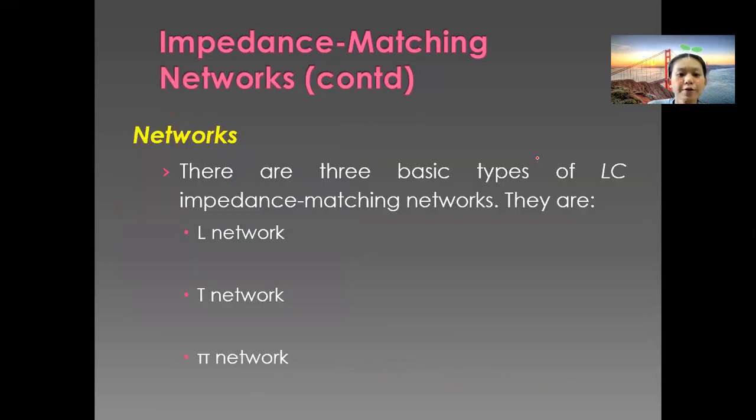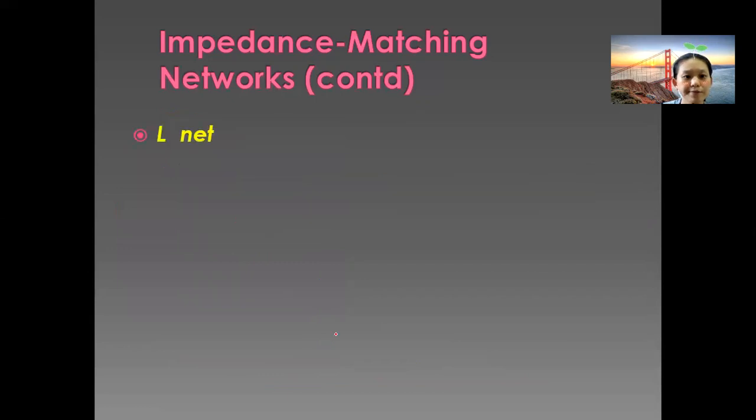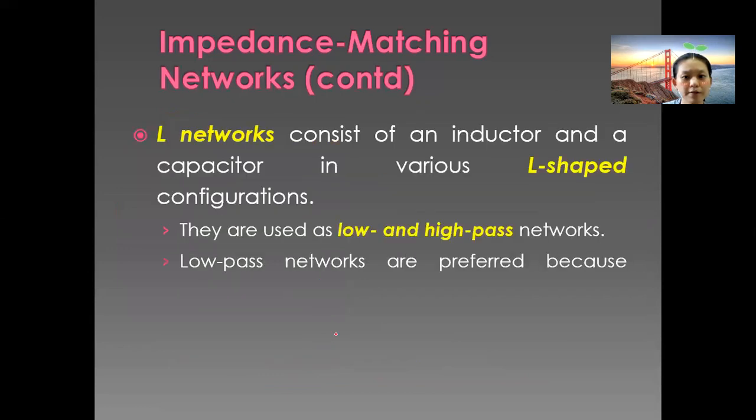We have three basic types of LC impedance matching network: the L network, T network, and pi network. The L network consists of an inductor and capacitor in an L-shaped configuration.